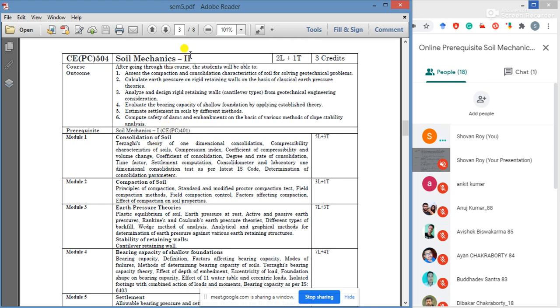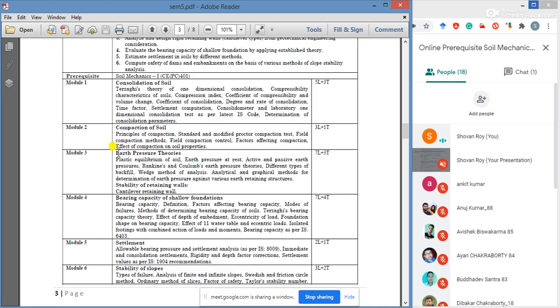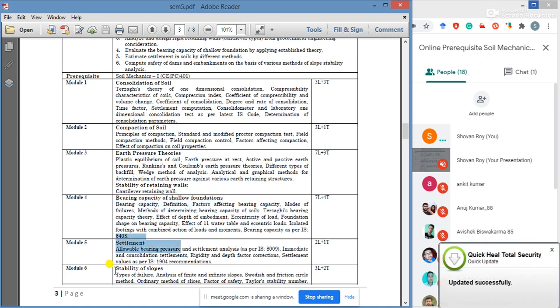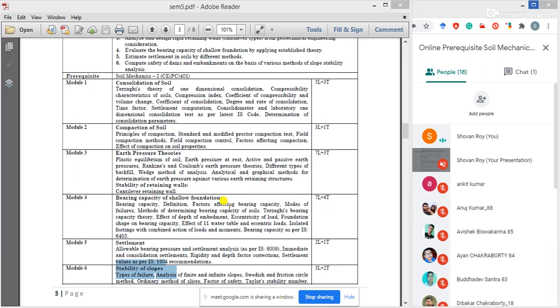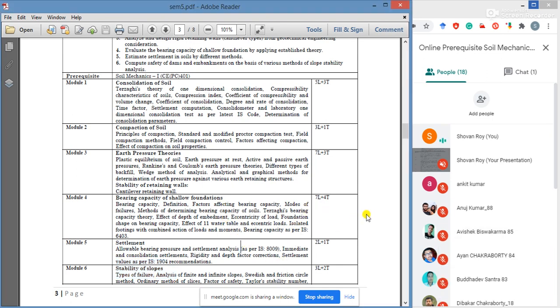But earth pressure, bearing capacity of shallow foundation, settlement and stability of slopes are the core chapters of foundation engineering. Even if you enroll in NPTEL, the geotechnical part 2, you can see these chapters mentioned in the syllabus.